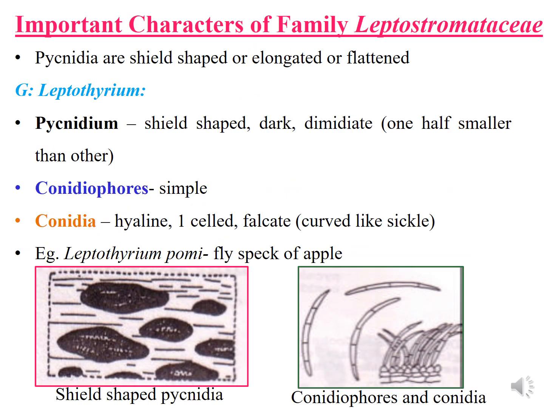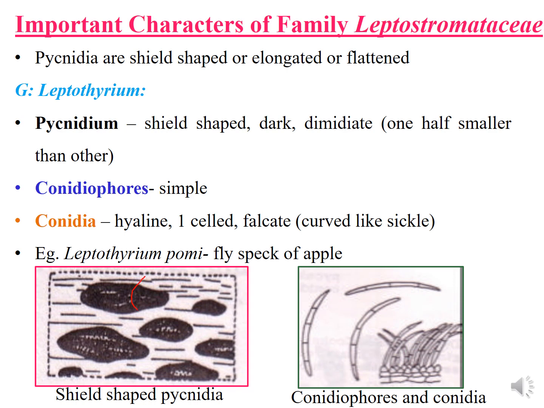Coming to another family, Leptostromataceae, the name itself indicates that stroma formation is there. And pycnidia are shield shaped, elongated or flattened. So this pycnidium is either shield shaped, or elongated, or flat. The genus is Leptothyrium. Same pycnidia, that is shield shaped, dark, and one half smaller than the other.